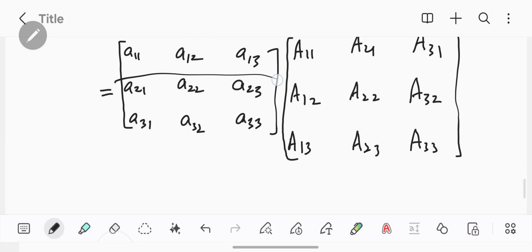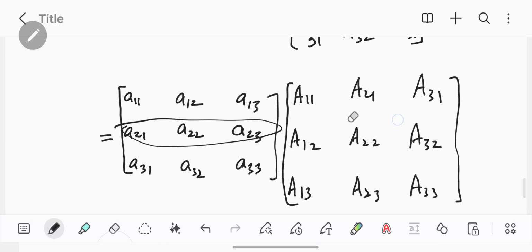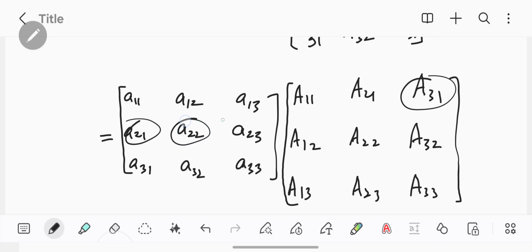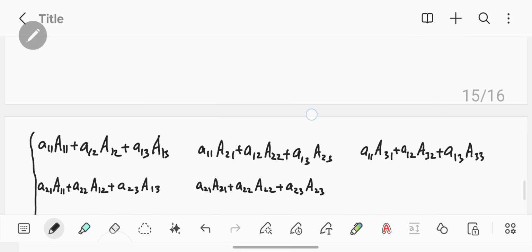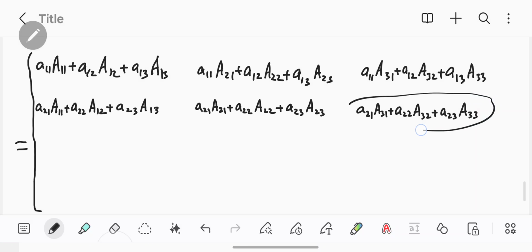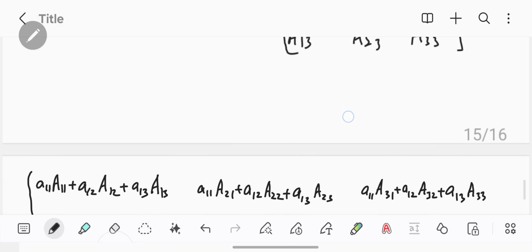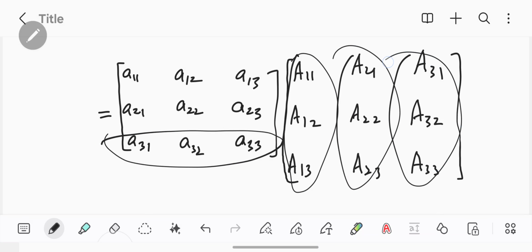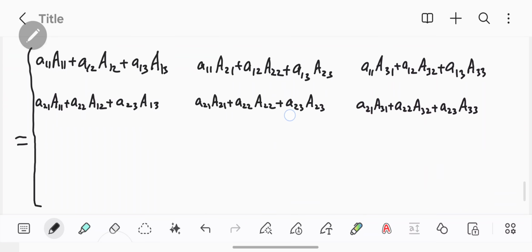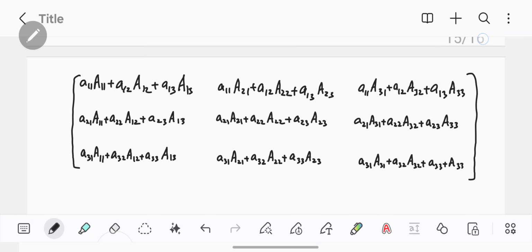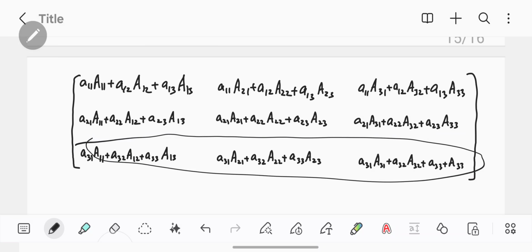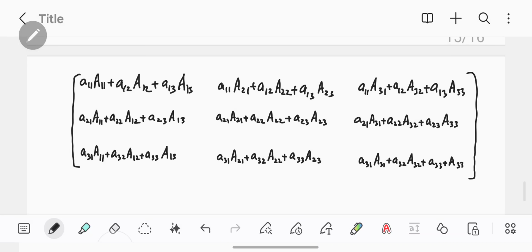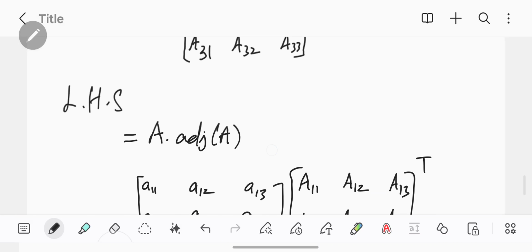Now I multiply this row with the last column. So I have A21 A31, A22 A32, A23 A33, and I write this whole thing here. Now we multiply the last row with the first, second and third columns in the similar pattern, and we get this row. This is actually the left hand side, which is A times adjoint of A.